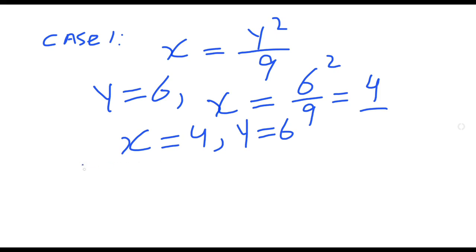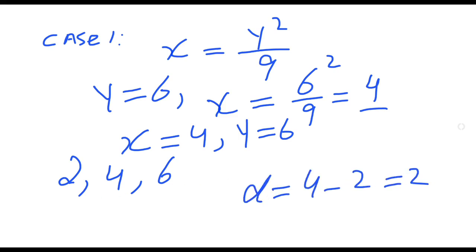So the first term we got 2, in place of x is going to be 4, in place of y is going to be 6, and the common difference is 2, because d is going to be 4 minus 2 is equal to 2, the common difference. So this is your AP.